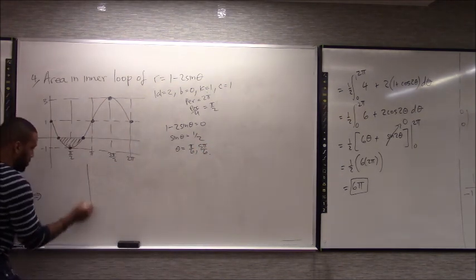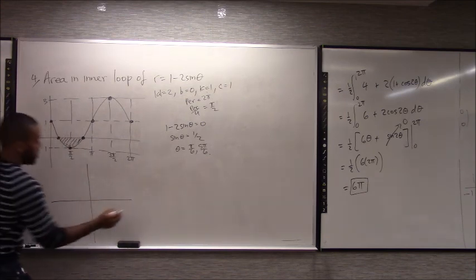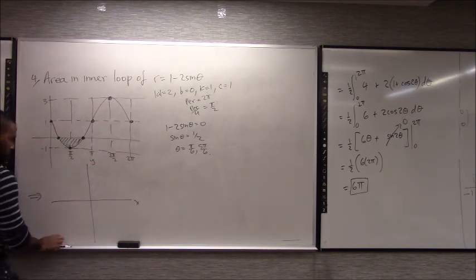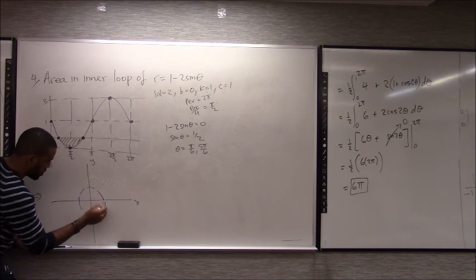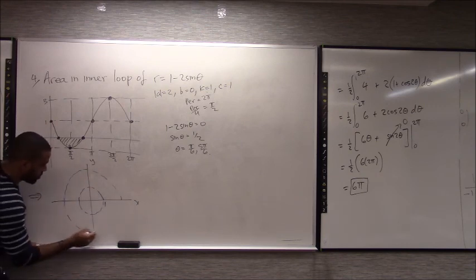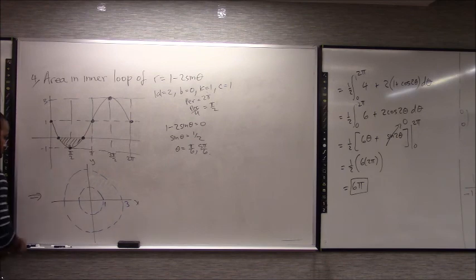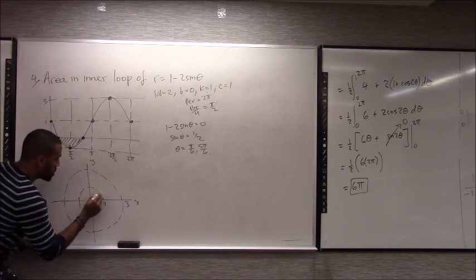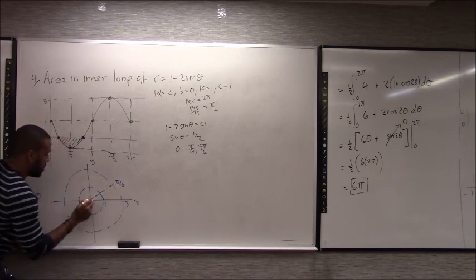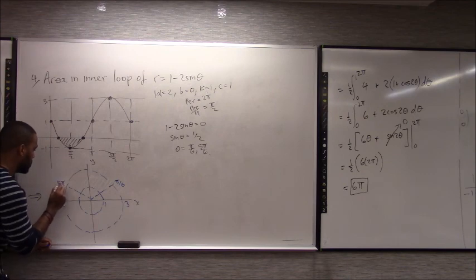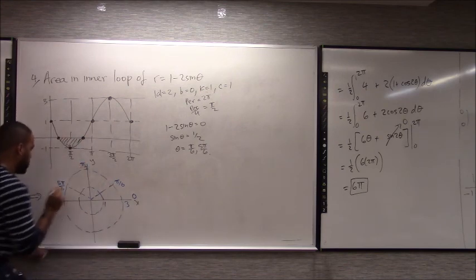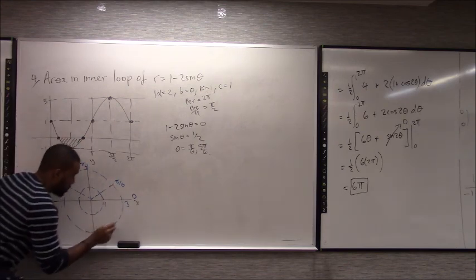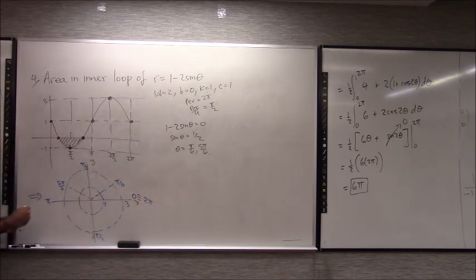So this means, so this is in the xy plane. I want circles of radius 1 and 3. And I care about the angle pi over 6 and 5 pi over 6, as well as 0, pi over 2, pi, 3 pi over 2, and 2 pi.